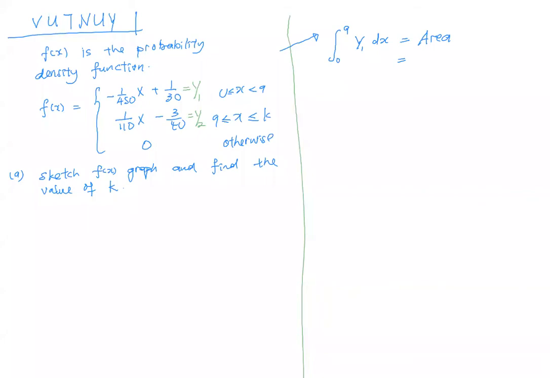So can someone tell me, if I write it as a probability equation, how will it be like? P of X is, yeah, that. Am I right? So you see, I know integration represents area, but if you just tell me area in this situation, it doesn't help you to solve this problem.